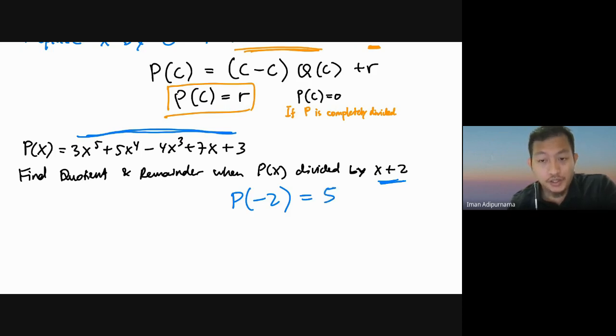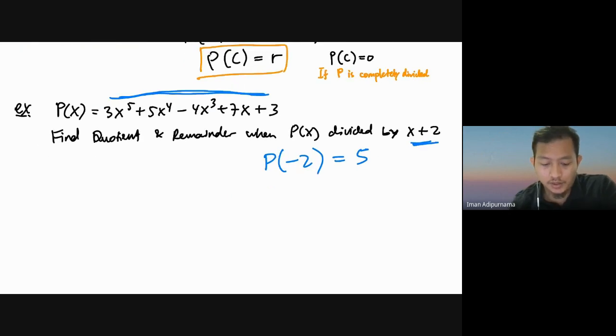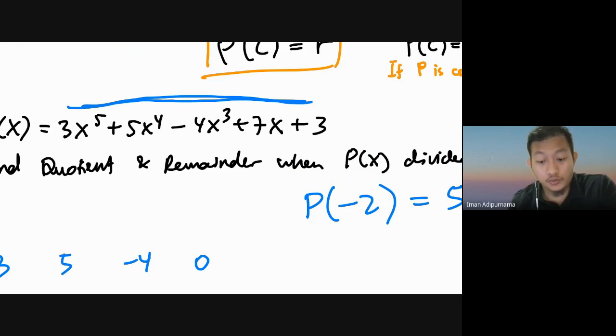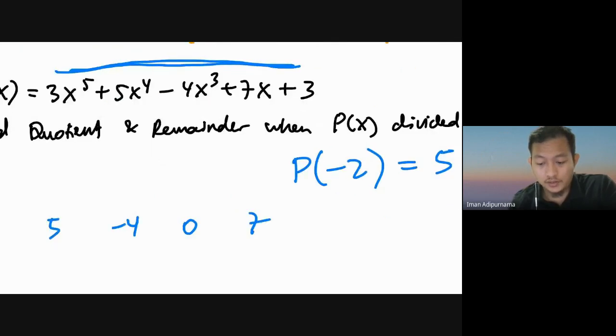To make sure that this is correct, we can always go back to synthetic division. So we can write 3, 5, -4, 0. Don't forget that if you need a quadratic term but it doesn't appear here, you need to write 0, and then 7, and then 3.